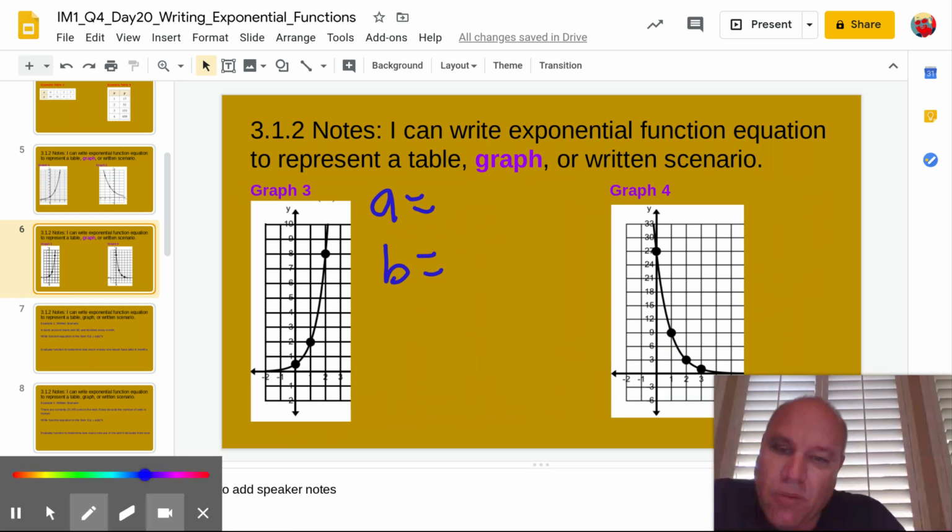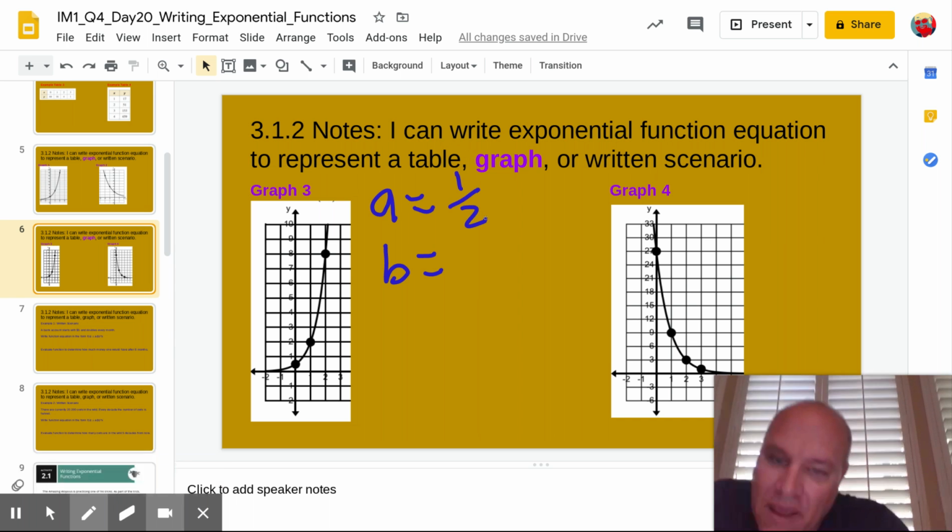Look at example 3. This one is a little bit hard to read, the y-intercept, but we're going to say that it is 1/2. It's between 0 and 1, so a is 1/2. And then it goes from 1/2 to 2, and from 2 to 8. So 1/2 multiplied by what gets you 2? That's right, 4. 2 times what gets you 8? 4.